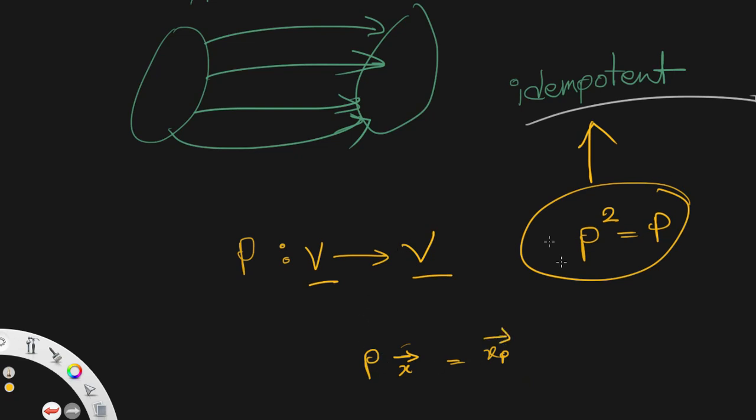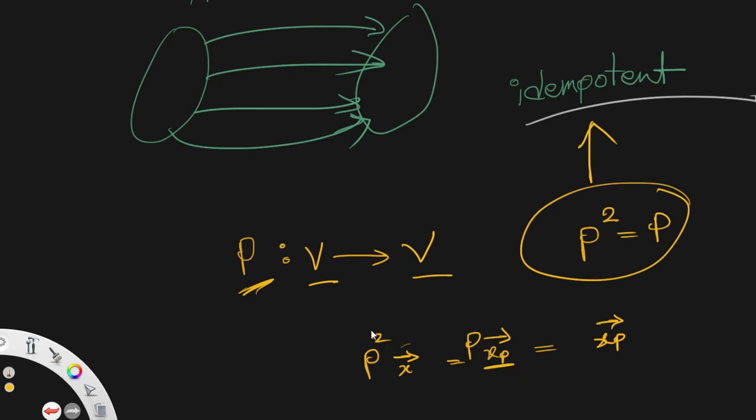According to this definition, if I apply this transformation one more time, so P square, on the projected vector, I will still get the projected vector, right? So this is the definition of projection according to linear algebra.